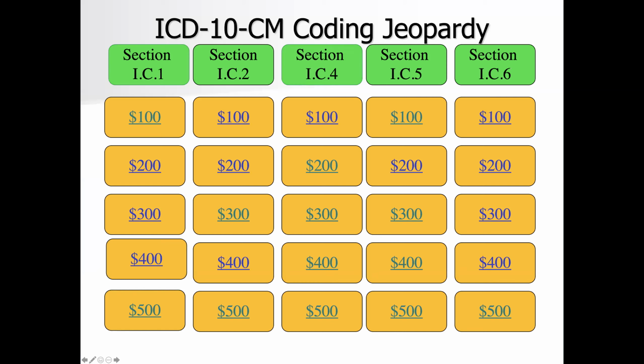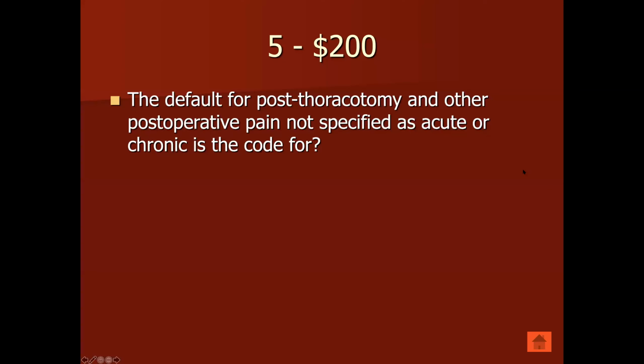Let's go section 6, 200. The default for post-thoracotomy and other post-operative pain, not specified as acute or chronic, is the code for, and that should say you assigned the code for.